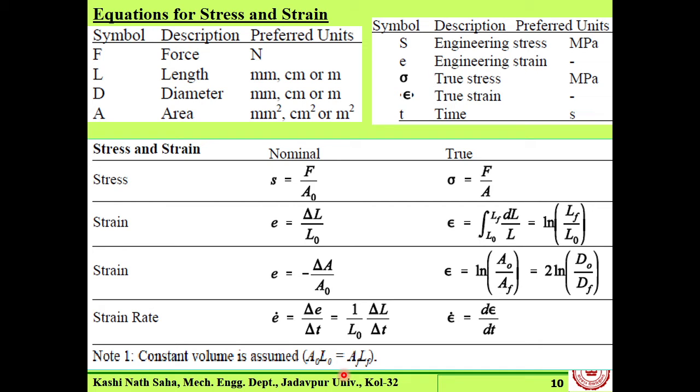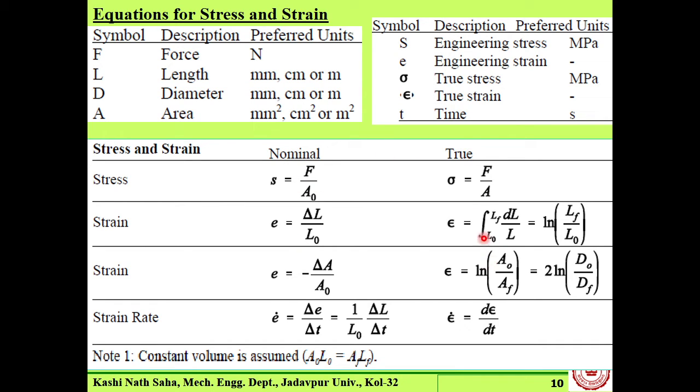This is equal to L0 by L, whatever. So this is what we can also use instead of measuring the length. We can also measure this area, and from there also we can find out the strain. That is one thing. So this is the engineering measure or nominal measure.